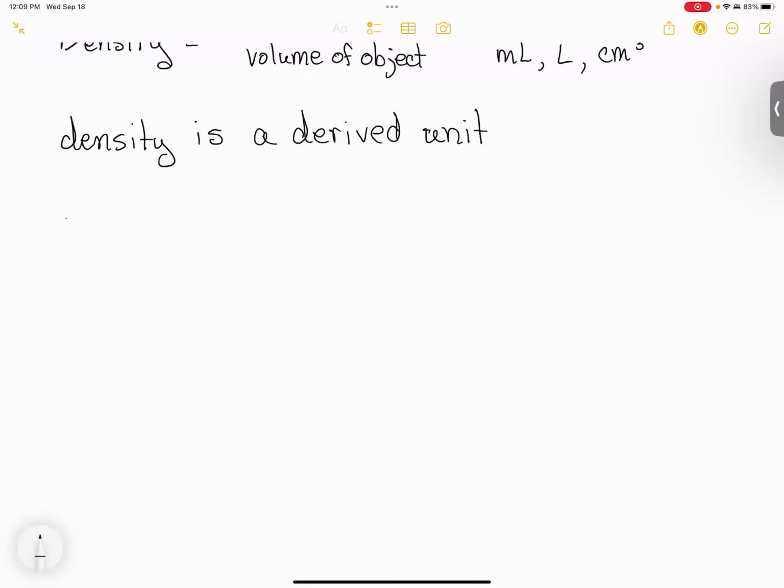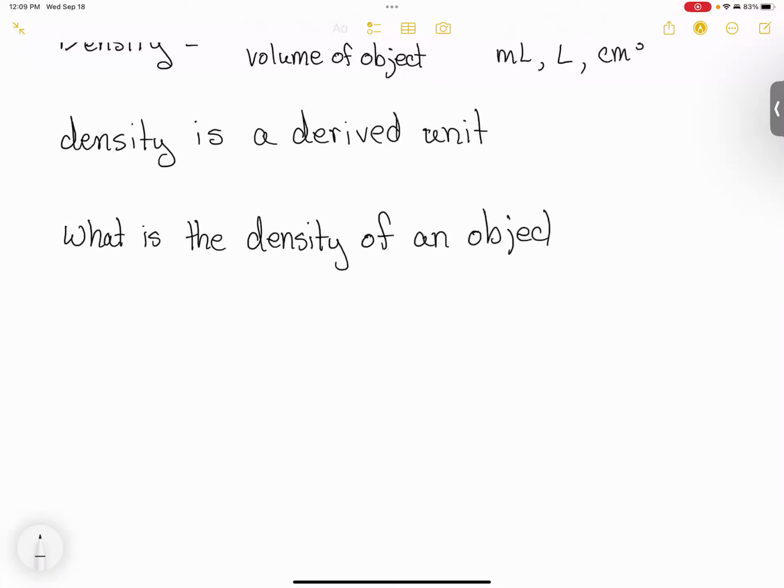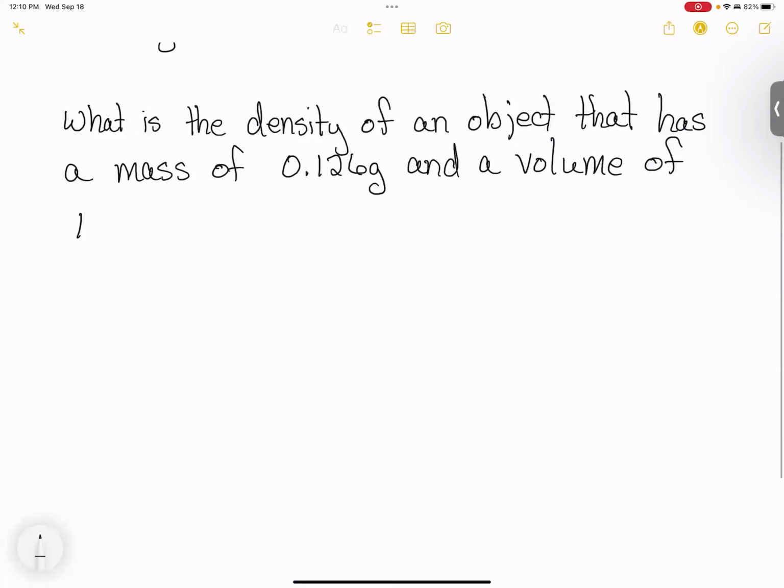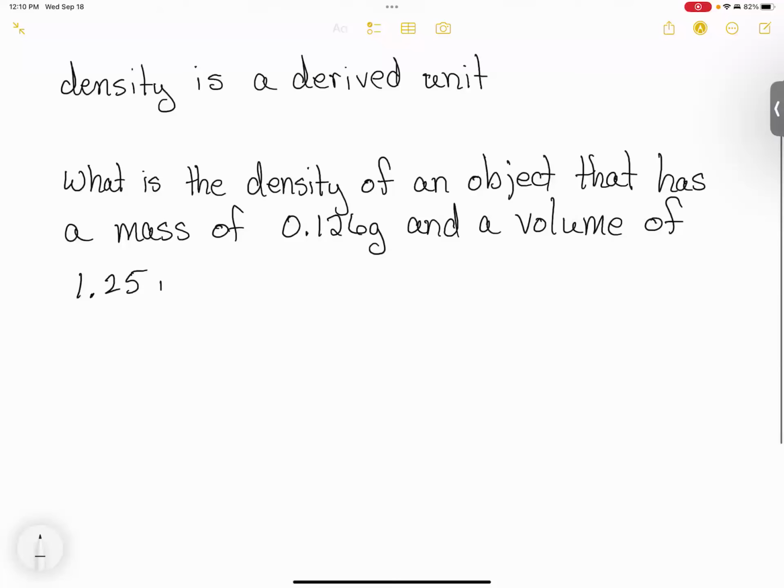So I can say, what is the density of an object that has a mass of 0.126 grams and a volume of 1.25 milliliters.